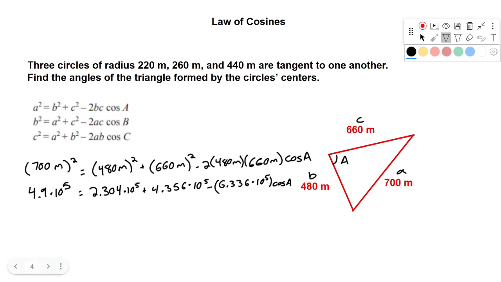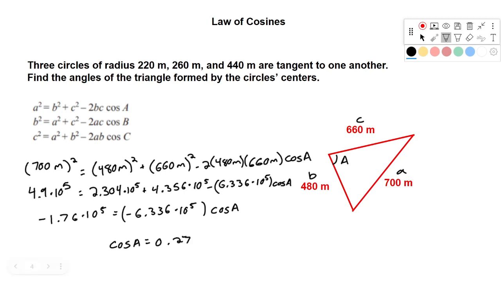And that'll give us negative 1.76 times 10 to the fifth equals negative 6.336 times 10 to the fifth cosine A. Obviously, we'll do our division, and we'll get cosine A equals 0.27.